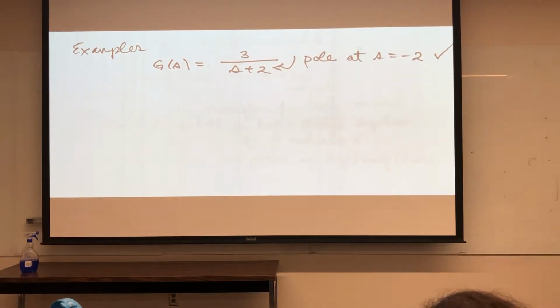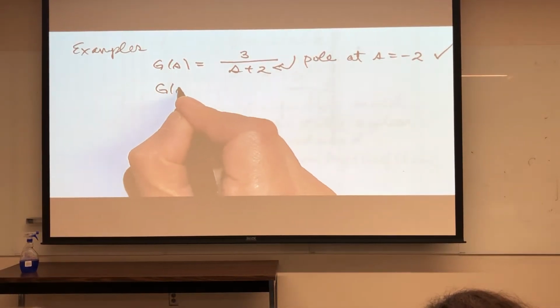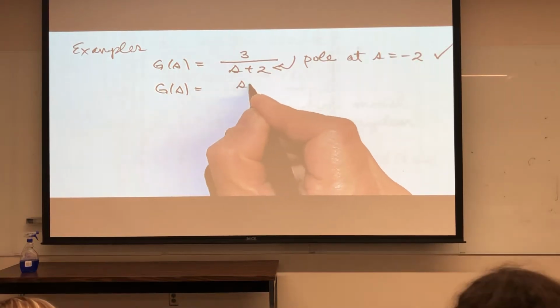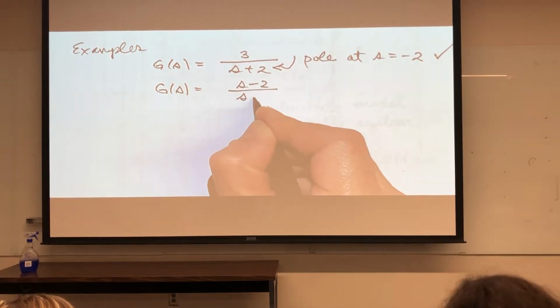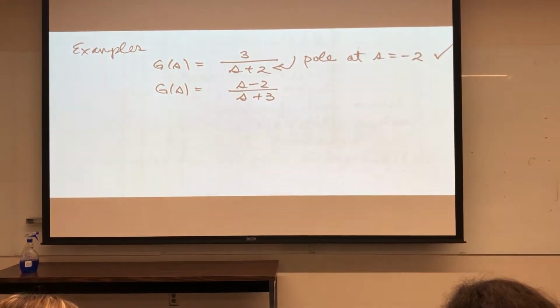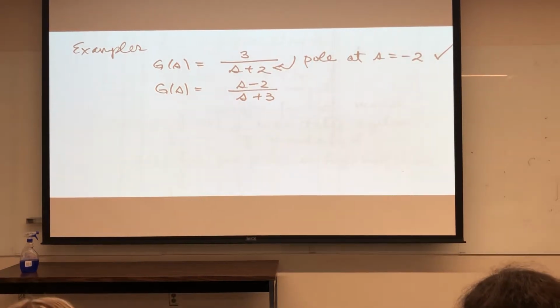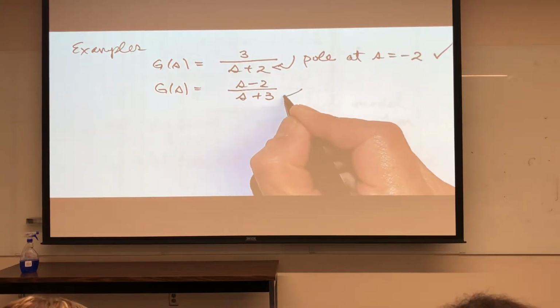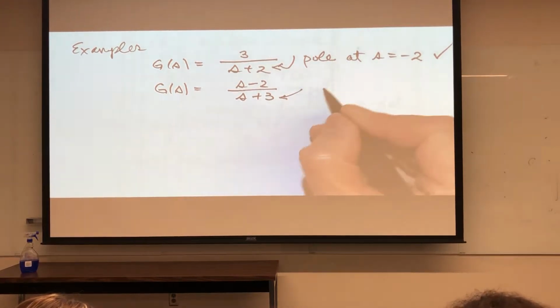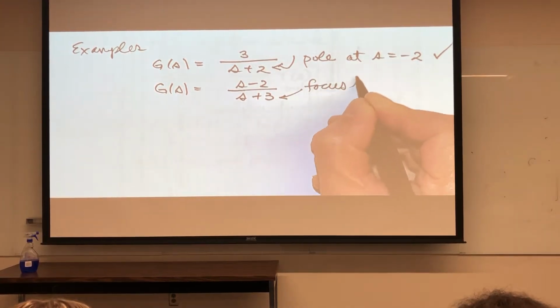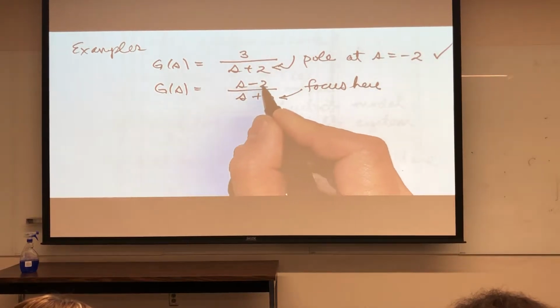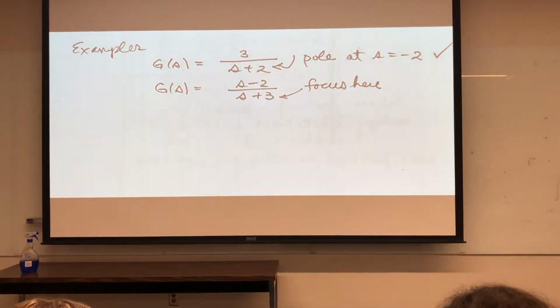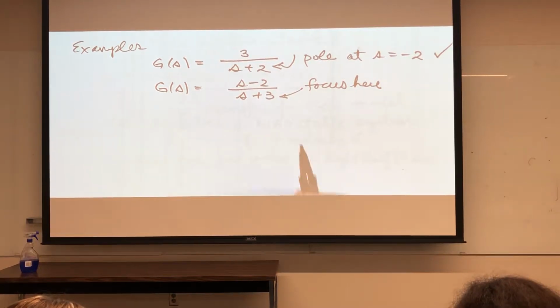That's okay. This is a system where there are poles and zeros, but we focus only on the bottom. The top does affect the response, but it doesn't cause it to either blow up or decay. Whether or not the system blows up or decays is determined by the roots in the denominator.